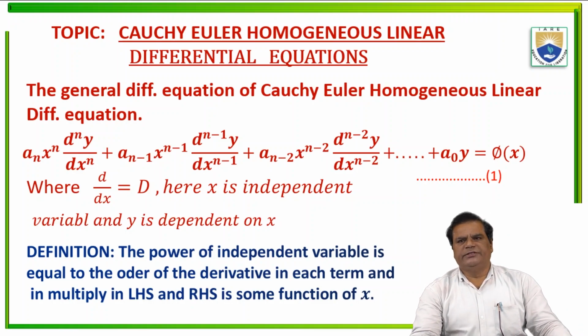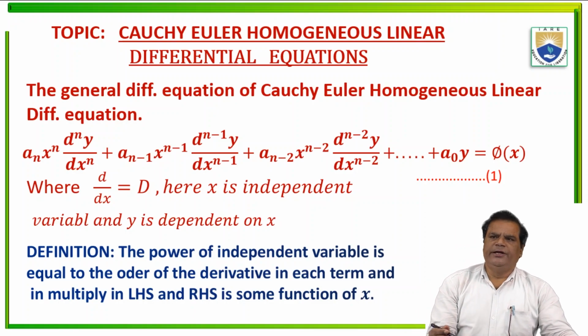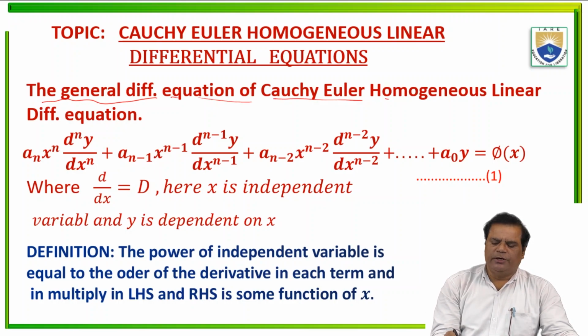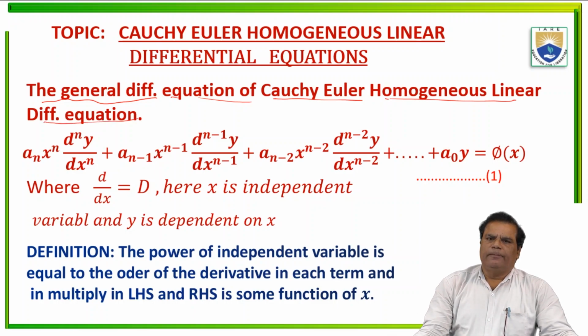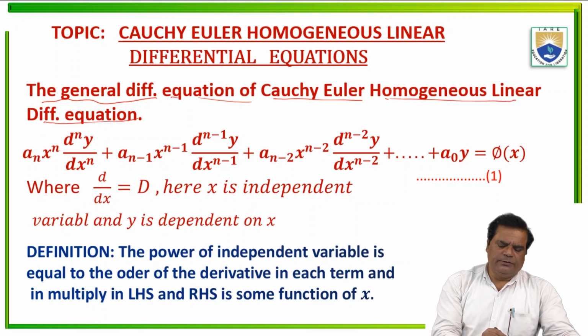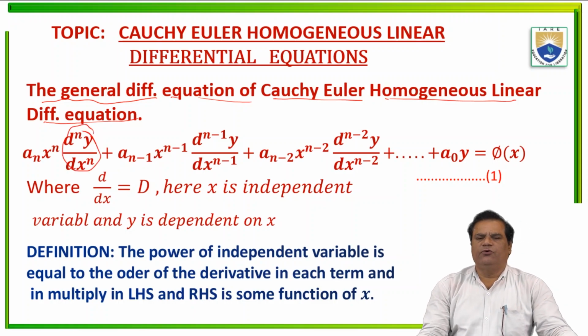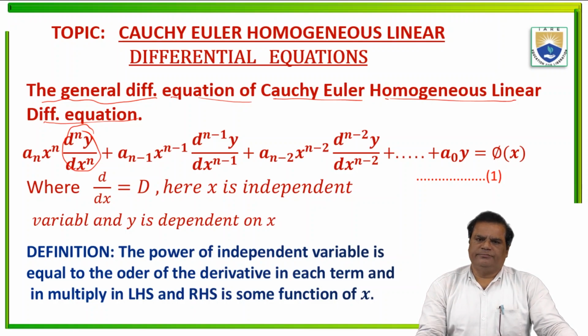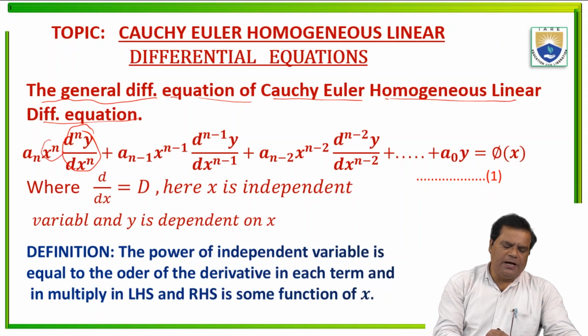This is the general form of the Cauchy Euler homogeneous linear differential equation. In the first term, we see the nth differential coefficient, multiplied by x to the power n.